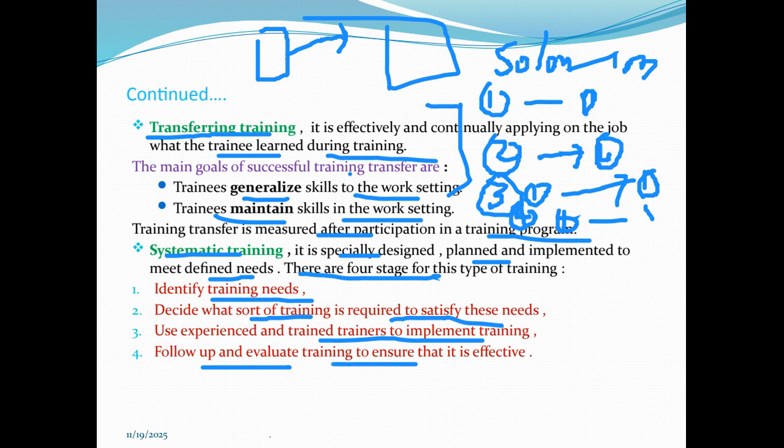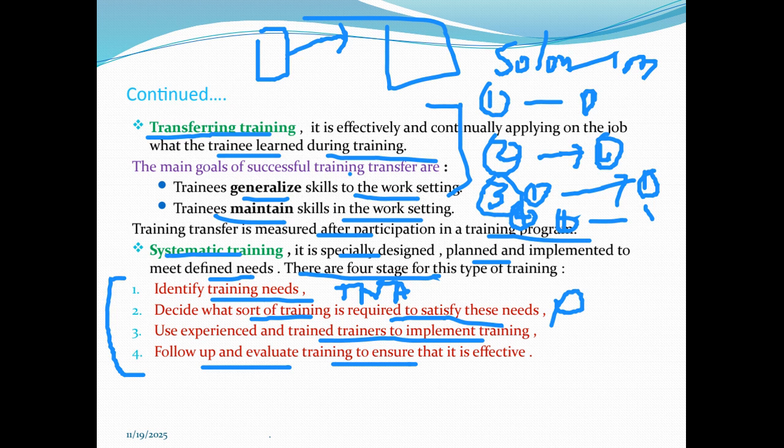So these are the 4 basic steps that are required: training needs analysis, deciding what sort of training to be done, experienced staff, and evaluating the training.